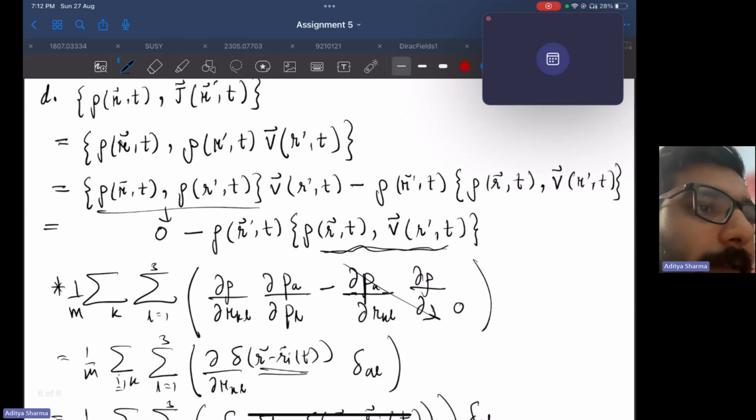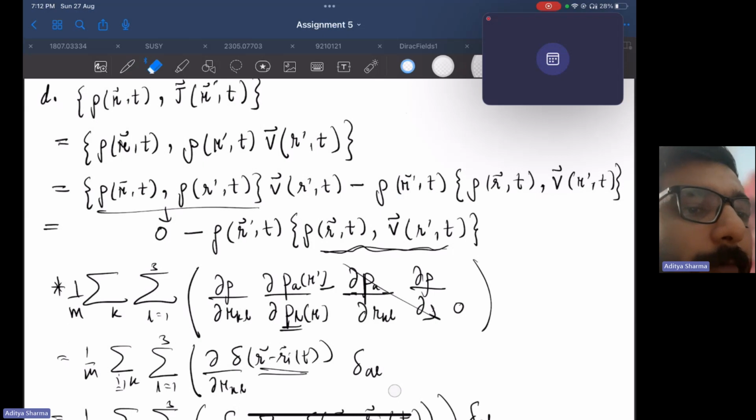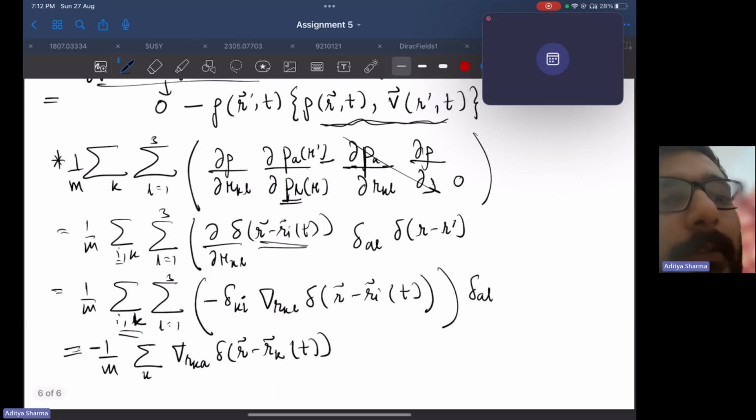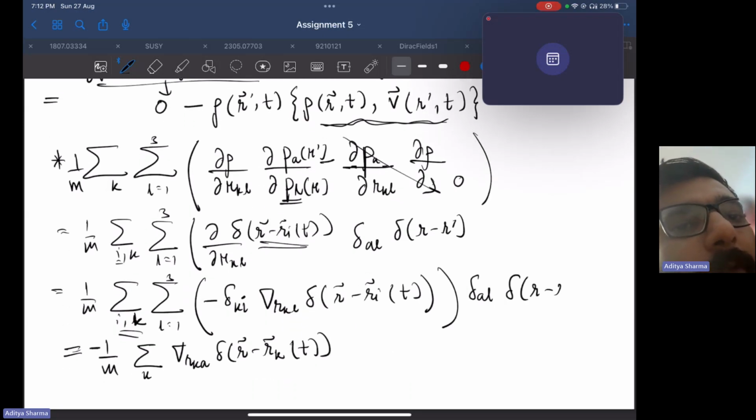There is a slight mistake because B has an argument of R prime, and if this is at R, and if this is at R prime, you should have one more bit at the ground. Now it is correct.